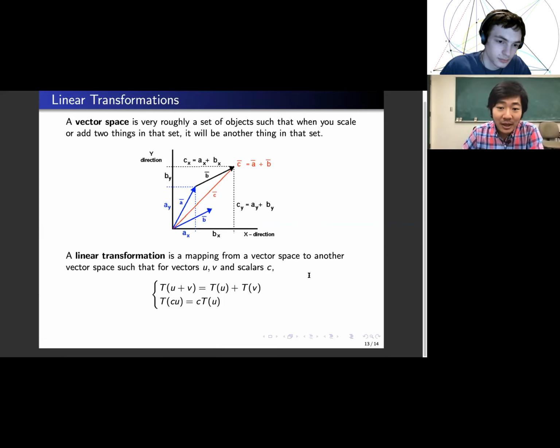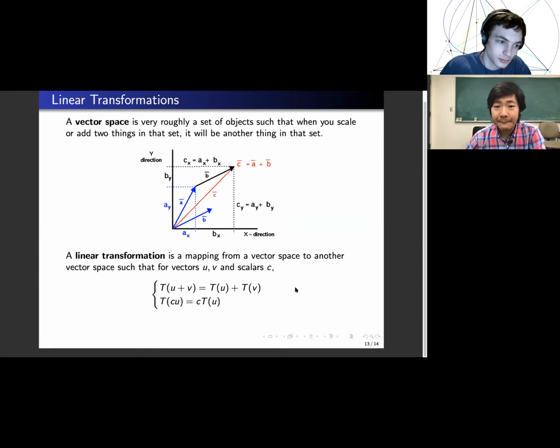And a mapping between vector spaces is called a linear transformation if it does one more thing, which is that if you add the vectors and then transform, it's the same as if you transform the vectors, then add. And the same thing if you scale the vector and then transform it, it's the same as transforming the vector, then scaling it. So that's a linear transformation.